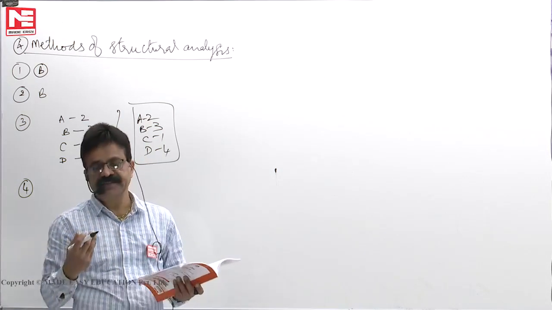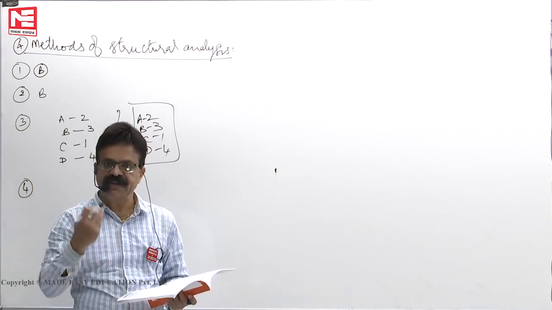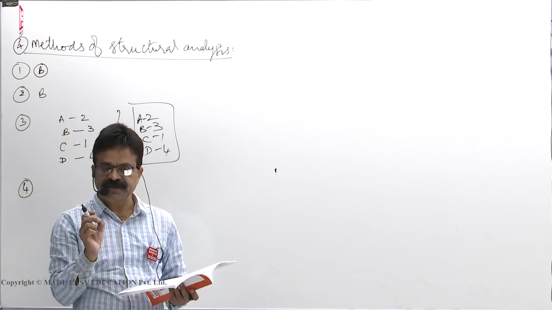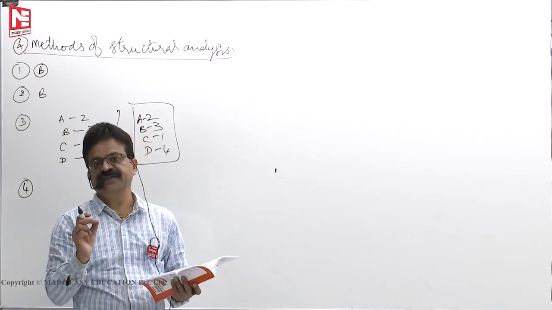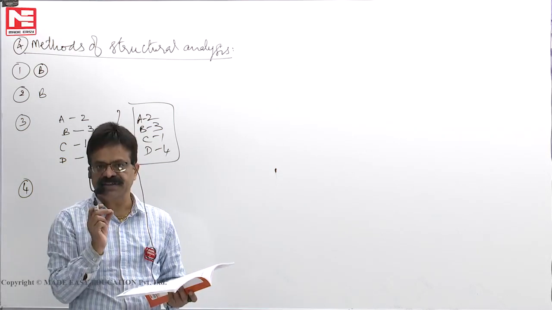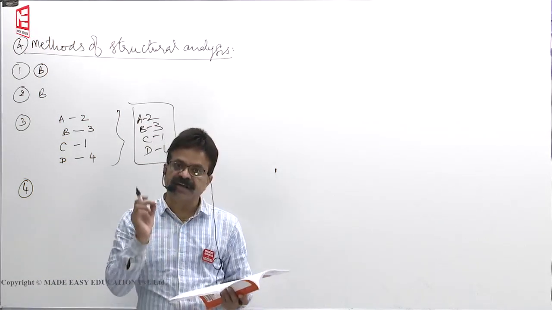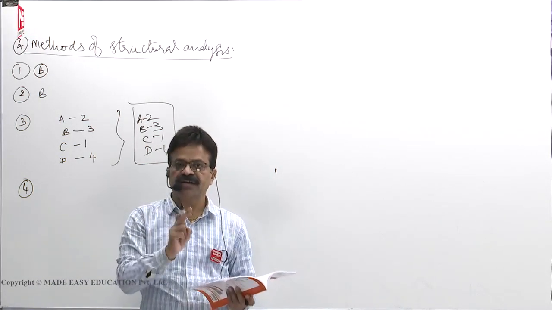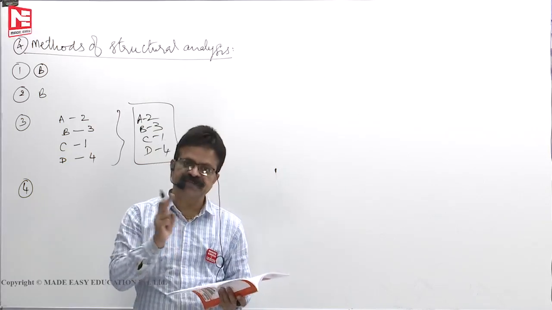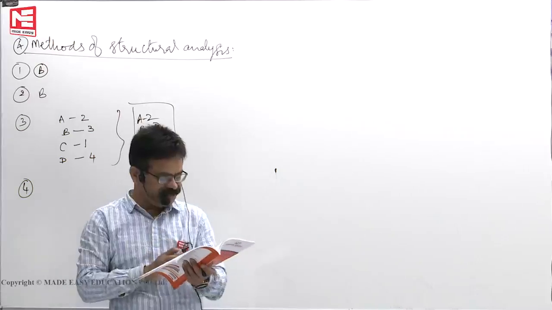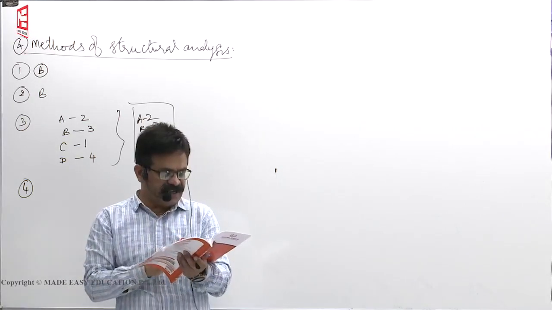But another strain energy method, dou U by dou P, you will get the displacement. If you have to use strain energy method for finding deflections, it must be linear elastic structures. That is Castigliano's theorem 2 belongs to strain energy method. Complementary energy method, Crotti-Engesser method, valid for linear, non-linear elastic structures to find the displacements. Okay, Muller we know, Kani's method also we know.